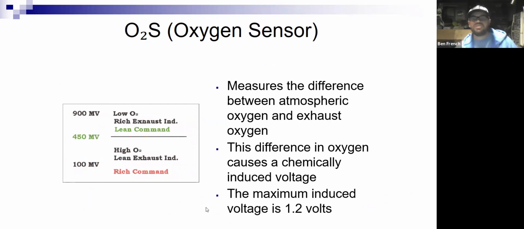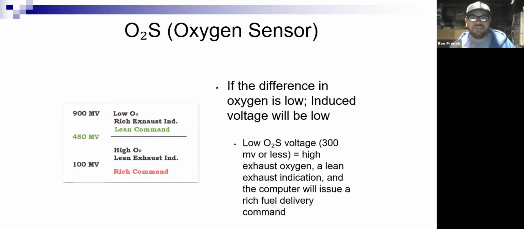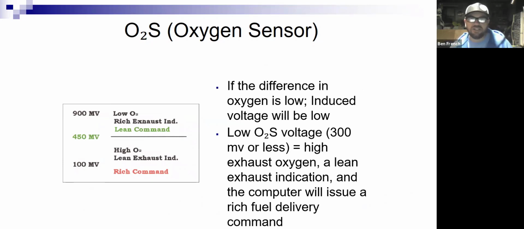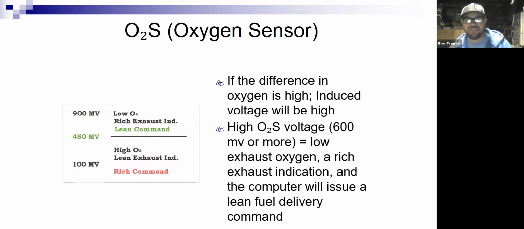A typical zirconia sensor's maximum voltage is 1.2 volts, so it's a tiny voltage signal. Less than 300 millivolts is going to be low voltage. That's lean. More than 600 is going to be read as rich.